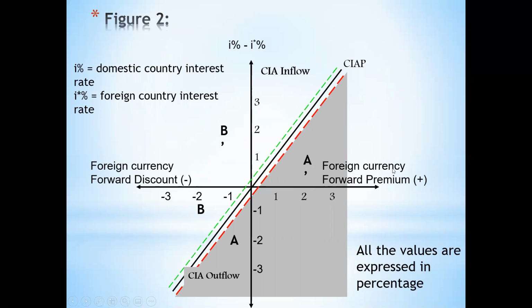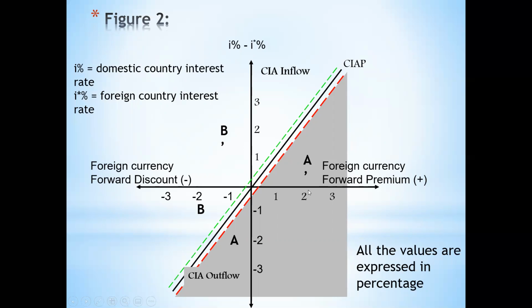And foreign currency at forward premium. So what you can get the gain. So you are having foreign currency, even though the domestic interest rate is high, but still you are getting the maximum benefit from foreign currency forward premium.